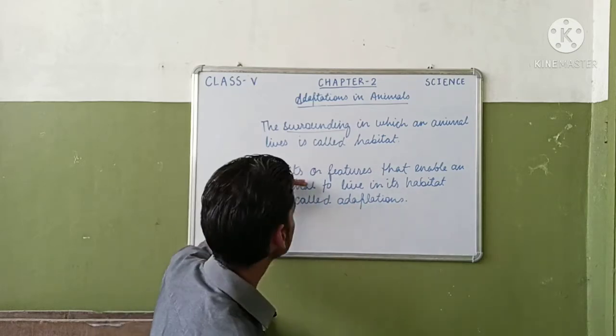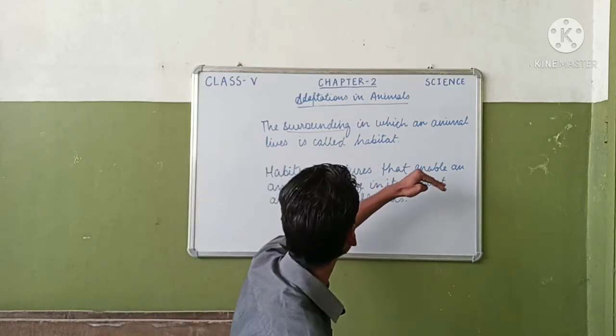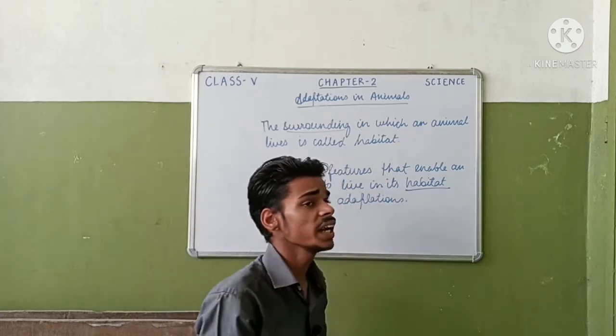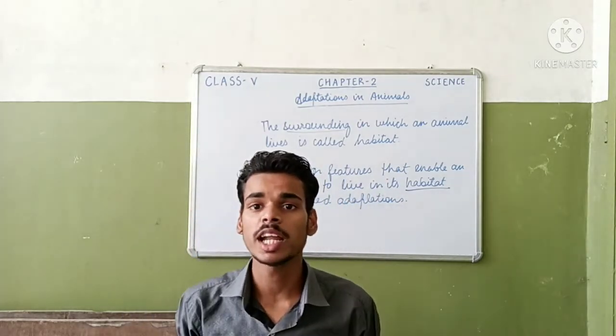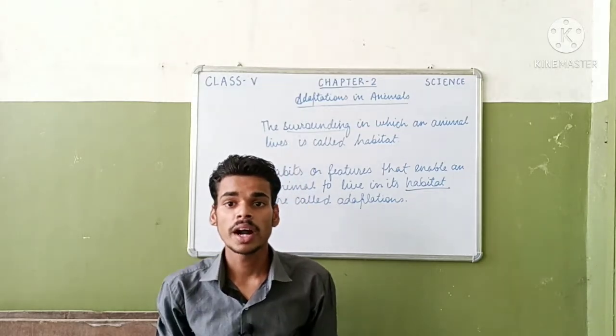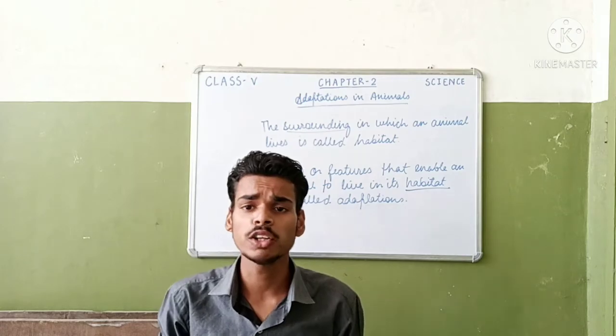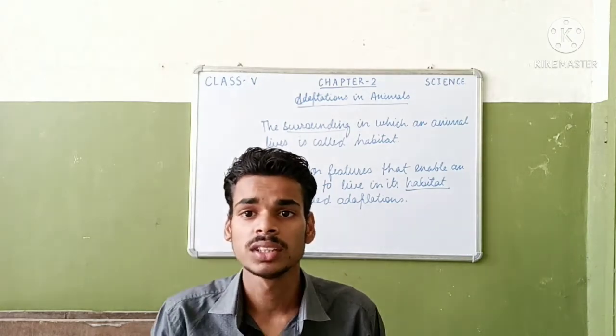So different types of animals adopt different adaptive features in order to adapt in their environment. They do this for breathing, for movement, and to perform different types of functions.